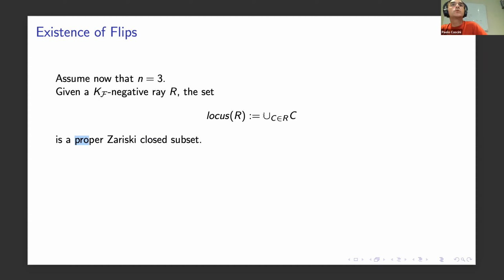And also it's not equal to X because we're assuming that K_F is not pseudo-effective. So this is easy to show. Also, it's not hard to show that it's a Zariski closed subset of X. So we can really distinguish two cases. Since we're in dimension 3, it's either a curve or a surface.